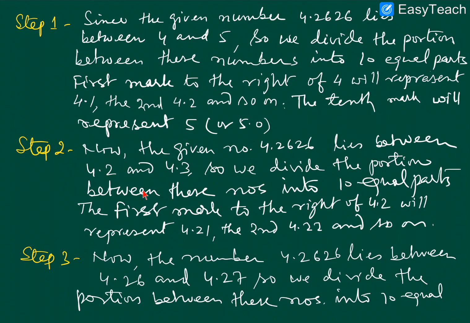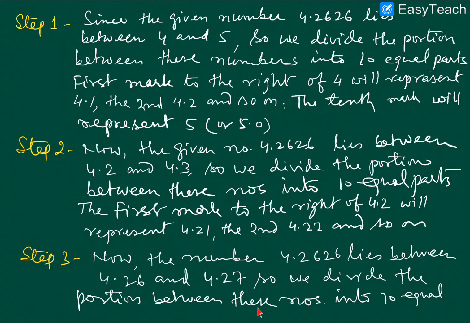Step 2. Now the given number 4.2626 lies between 4.2 and 4.3. So we divide the portion between these two numbers into 10 equal parts. The first mark to the right of 4.2 will represent 4.21, the second 4.22 and so on. Step 3. Now the number 4.2626 lies between 4.26 and 4.27.